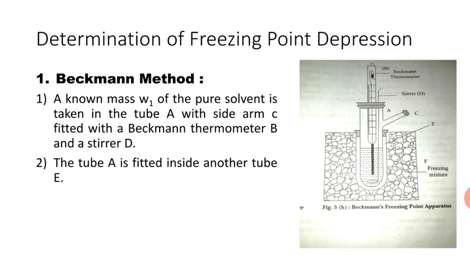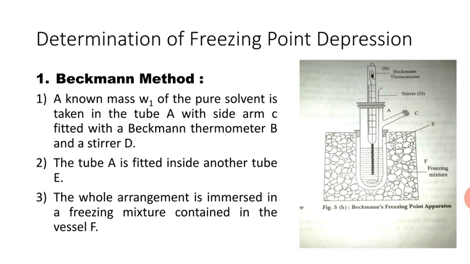Now tube A is fitted inside another tube, that is the air jacket tube E. The whole arrangement is immersed in a freezing mixture in the vessel F. As shown in the diagram, the freezing mixture is kept in vessel F.